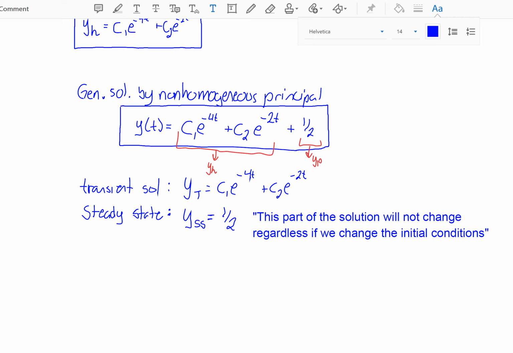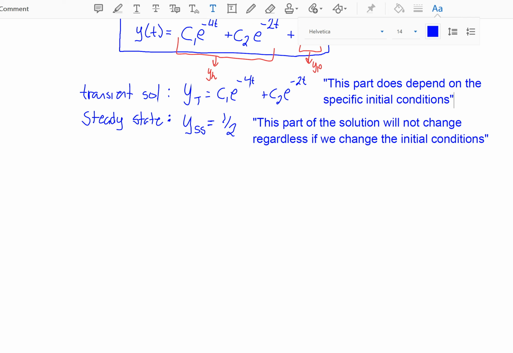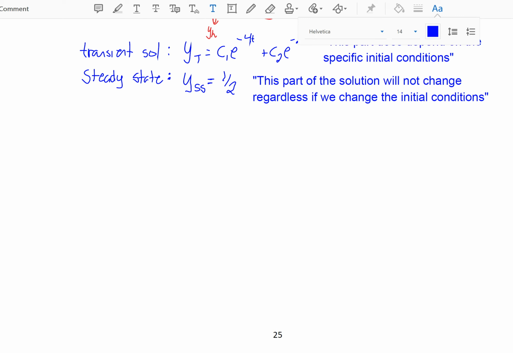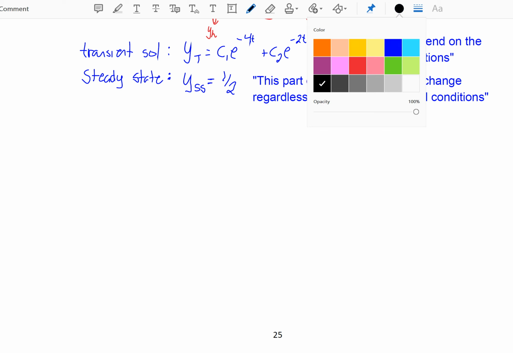However, your transient solution, this part does depend on the specific initial conditions. So graphically, the way we should be thinking about this, let's draw ourselves a coordinate system.